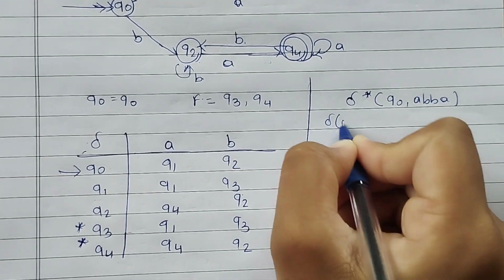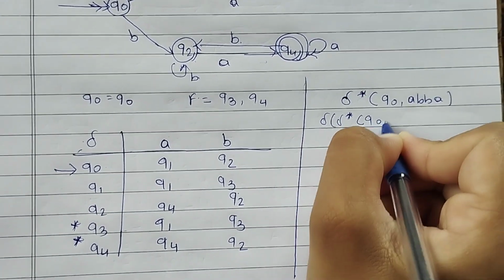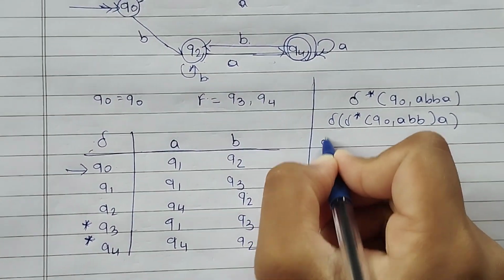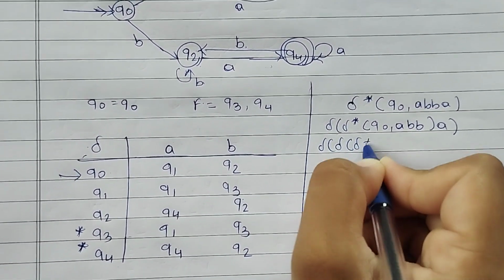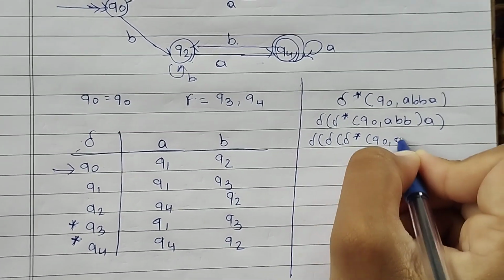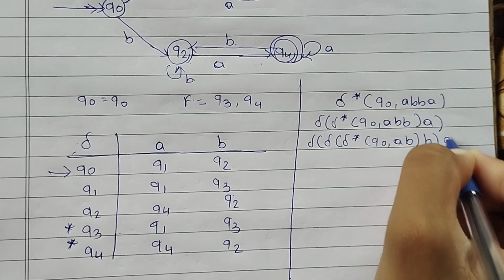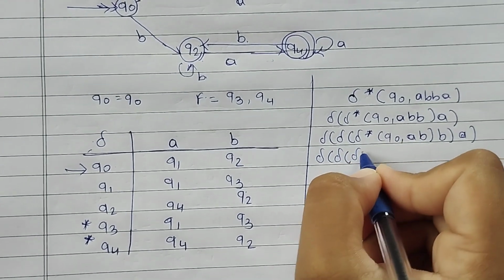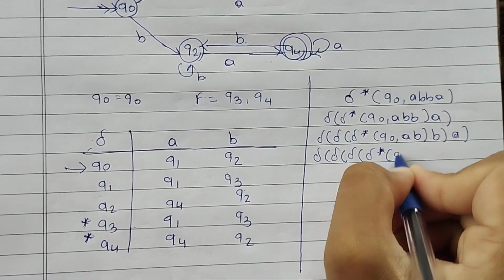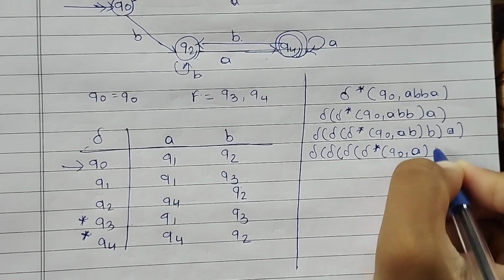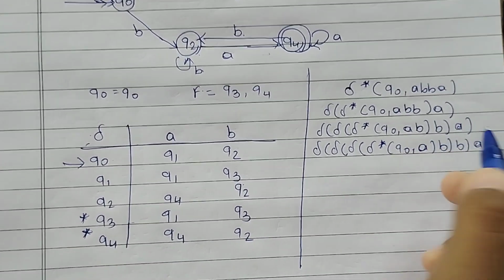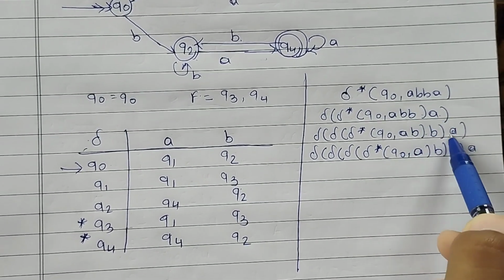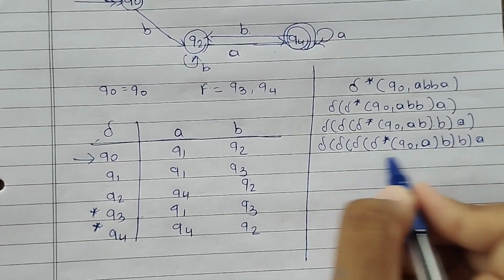So first delta star of Q0, ABB, then A. We separate this same sequence ABBA and now we separate this last A also.